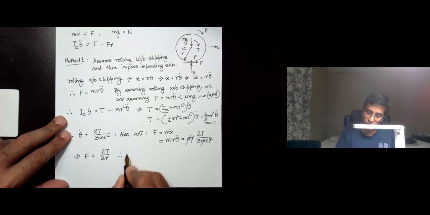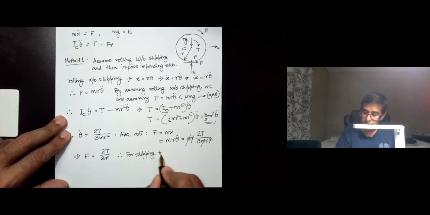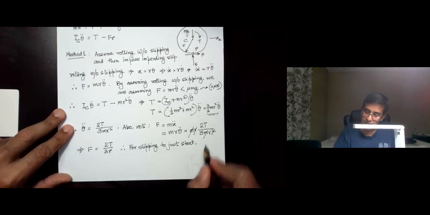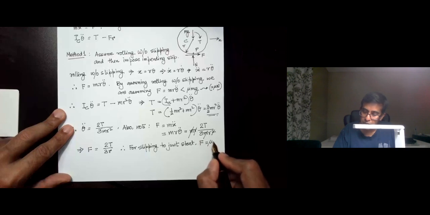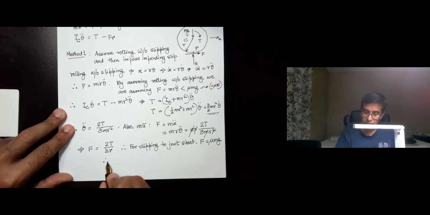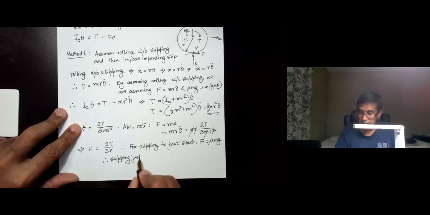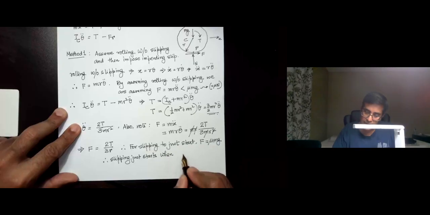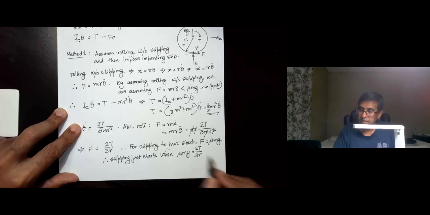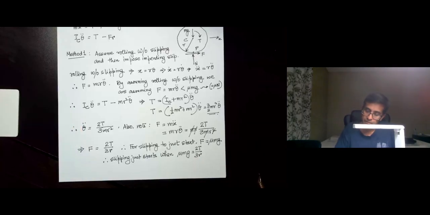So therefore, for slipping to just start, F is equal to mu m g. Therefore, slipping just starts when mu m g is equal to 2T divided by 3r. Okay.